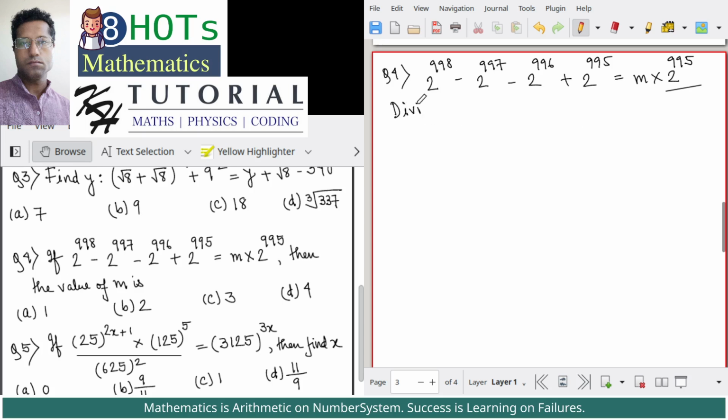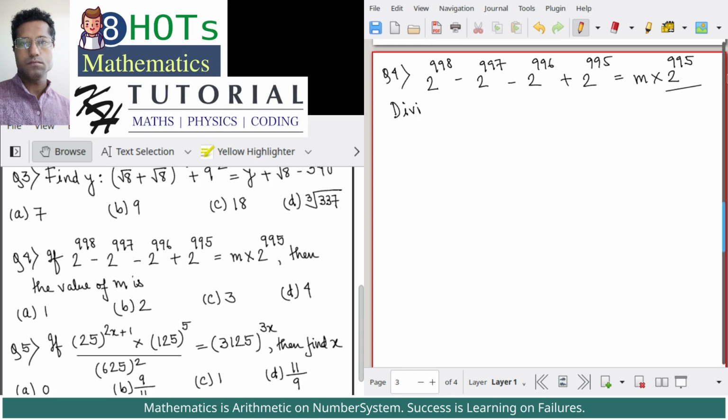If you divide the LHS by 2 to the power 995, it will be easy because the powers are all close enough. On the left hand side the powers are 998, 997, 996 and 995, and on the right hand side the power of 2 is 995. They are pretty close.